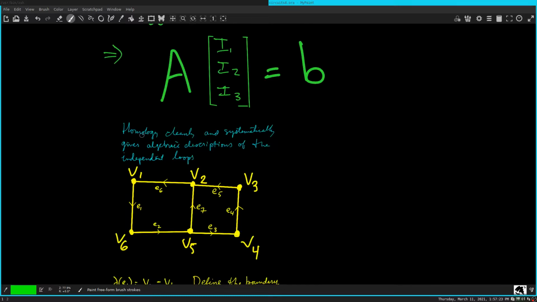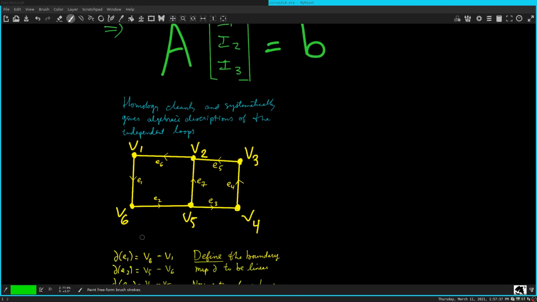So I wrote this down. Homology clearly and systematically gives algebraic descriptions of the independent loops. Now, what do I mean by independent loops? I will get to that in a quick second. Actually, I will explain homology and then explain what independent loops are, and therefore that'll really dig into why homology is actually pretty important here.